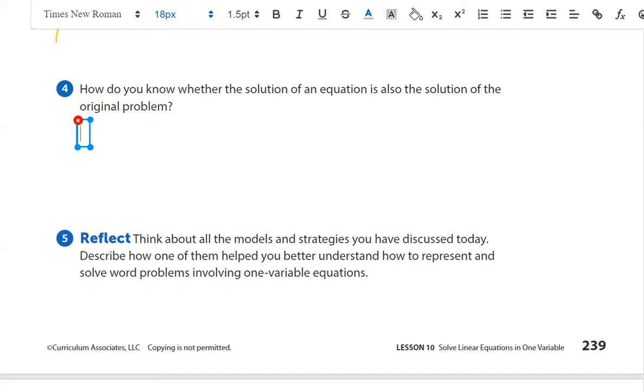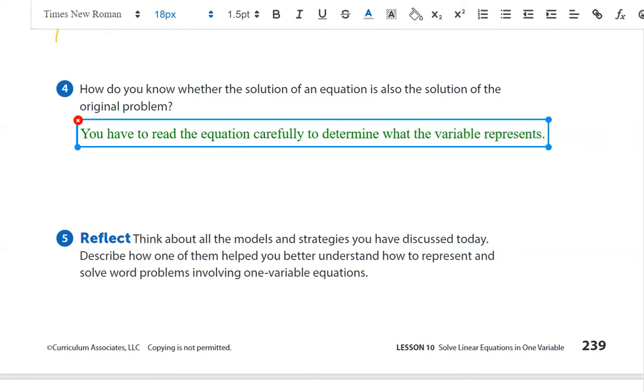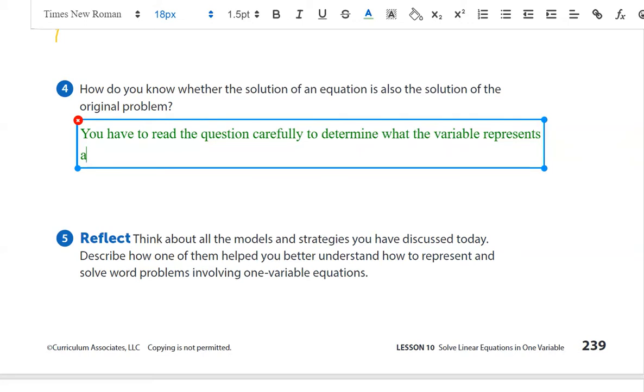You have to read the question carefully to determine what the variable represents and whether it satisfies the question.